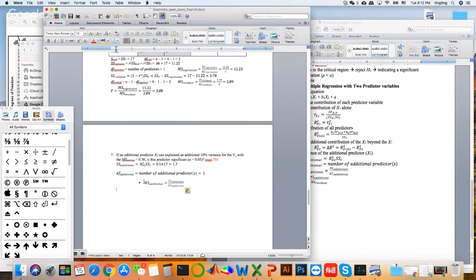And the MS additional equals their ratio, 1.7 divided by 1, still 1.7.